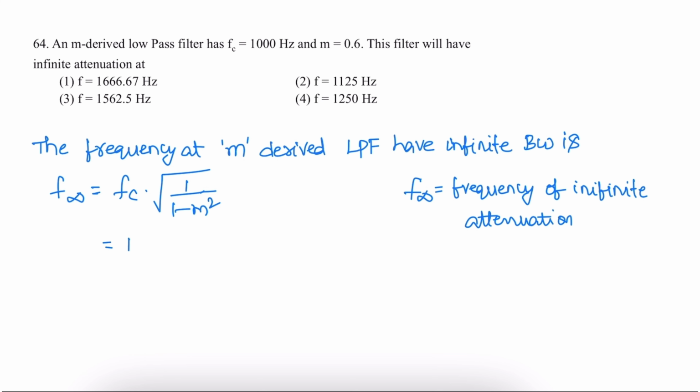Given this, the critical frequency is 10 cube times square root of 1 by 1 minus 0.6 whole square. On solving, its value is 1250 hertz. So the frequency of infinite attenuation is 1250, option 4.